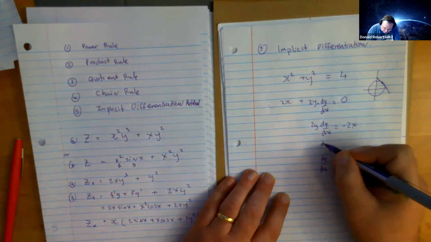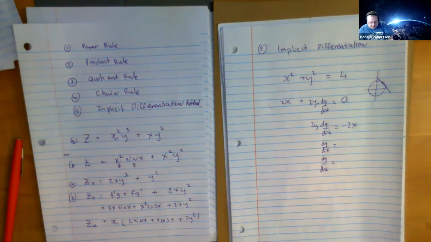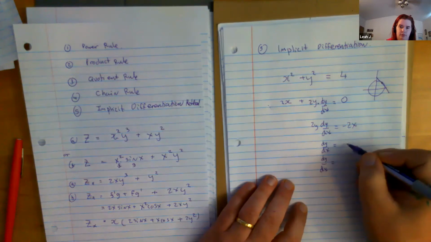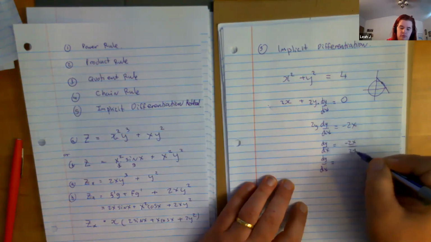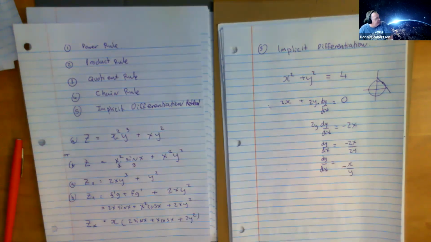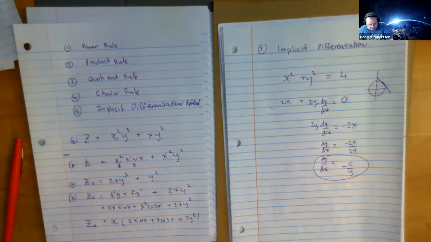What would I do to both sides to isolate the dy by dx then? Just divide. And in this case, it cancels and simplifies. So that is essentially the implicit differentiation process in a nutshell.